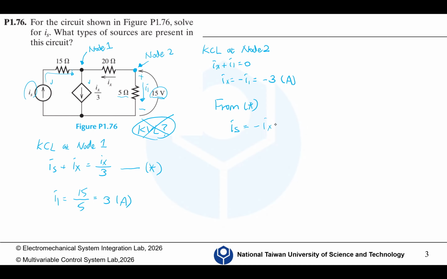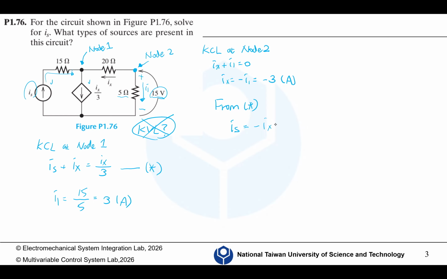And then we look at this current plus V2 minus V1 divided by 5. Although it says Ix, I intentionally assume that this is the current flowing into node 1, so I can use V3 minus V1 divided by 20.